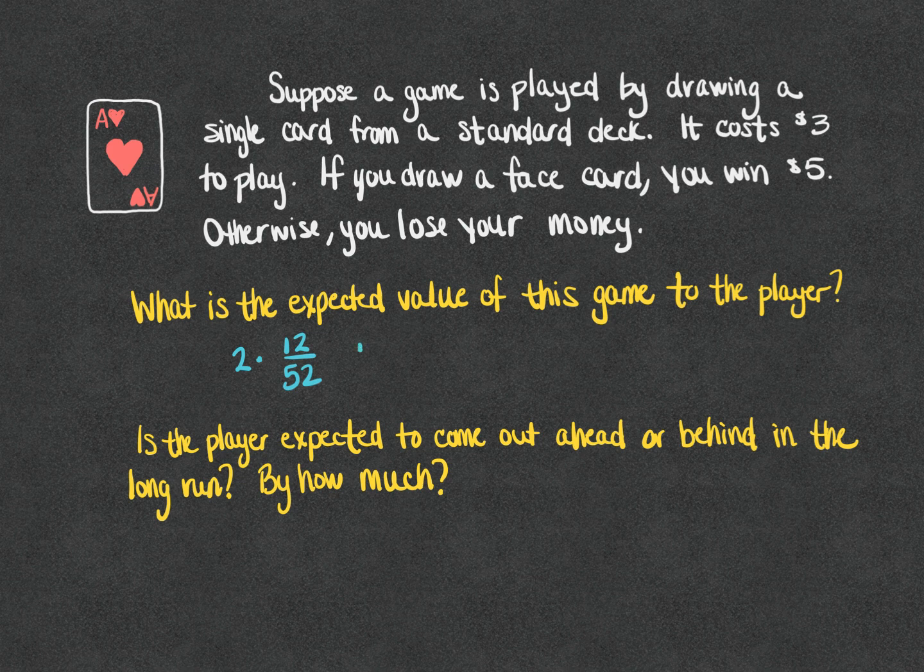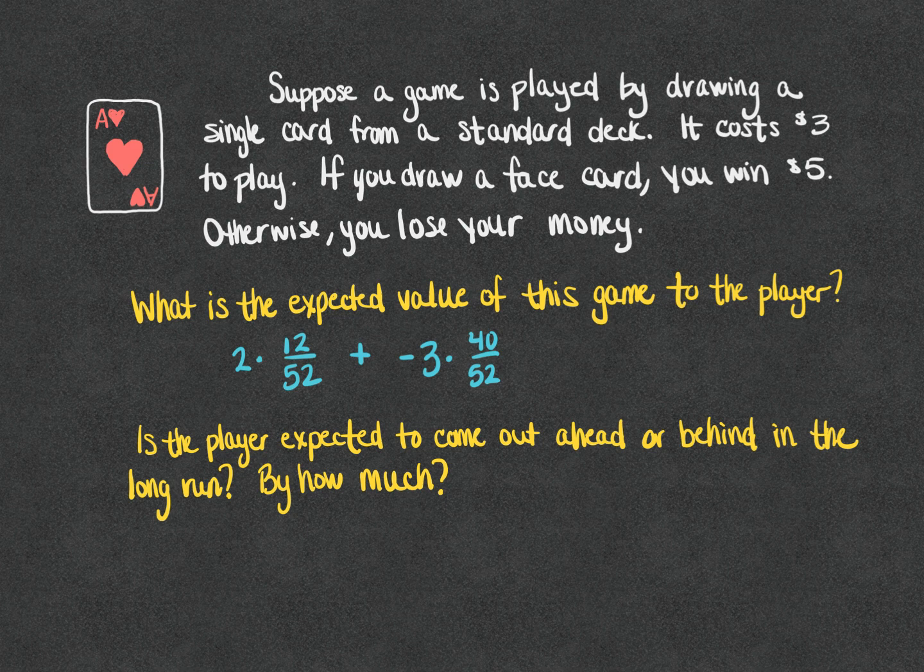Okay, the other thing that could happen is we'll lose our money. So if anything other than a face card comes up, which there are 40 out of 52 cards that are not face cards, we will end up losing our $3. Okay, we're going to just basically give them our money. So then those are the only two outcomes. We win or we lose.